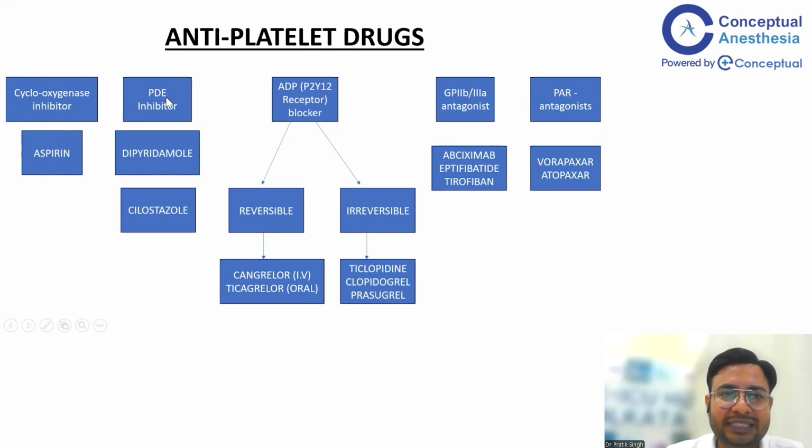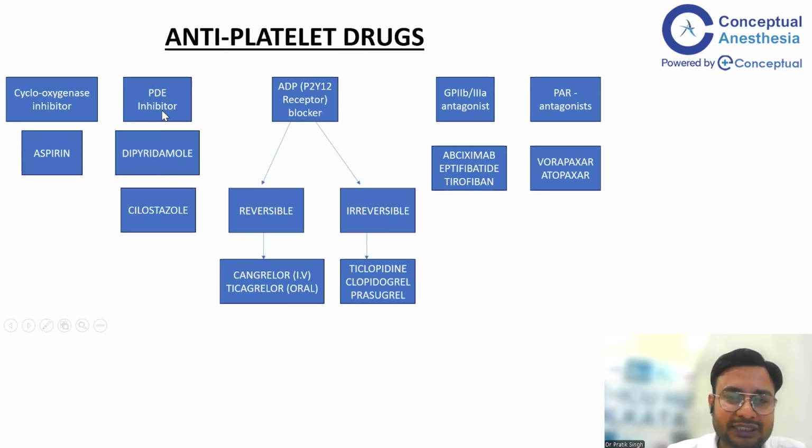Second is phosphodiesterase inhibitor, the two drugs being dipyridamole and cilostazol. Dipyridamole is a phosphodiesterase 3 and phosphodiesterase 5 inhibitor both, but cilostazol is mainly for phosphodiesterase 3. So how does it act?